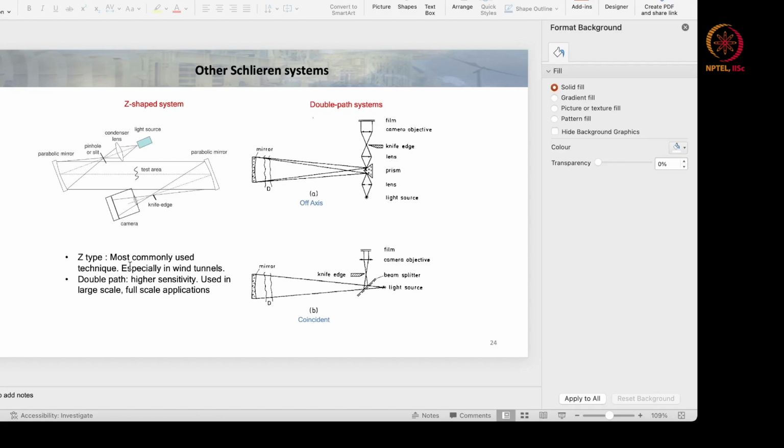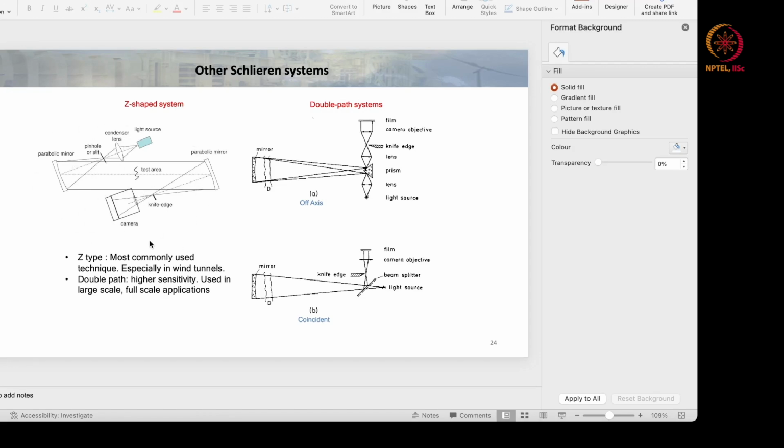You have a light source and a condenser lens, pass it through a pinhole or a slit, and then it hits a parabolic mirror, which transforms it into a collimated, parallel beam of light. It passes through the test area, which is what we want to measure. Then another parabolic mirror focuses it to a knife edge, which we already did earlier, and you have the camera which records the image. So this is the Z-shaped system.